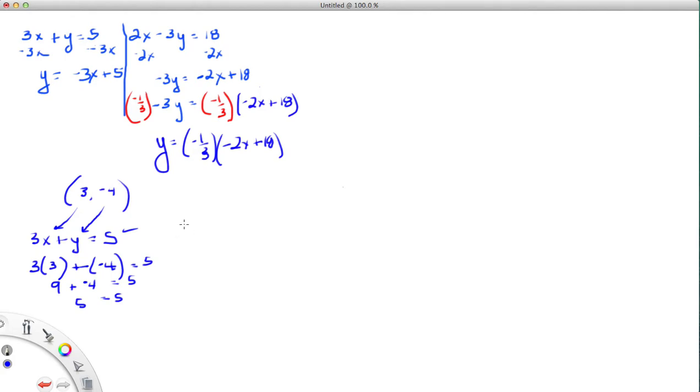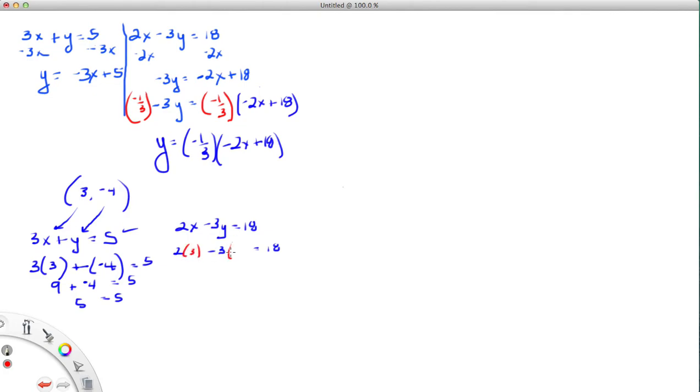The second equation up there is 2x minus 3y equals 18. There, we'll change the color here. So I'm going to plug in a 3 for x.